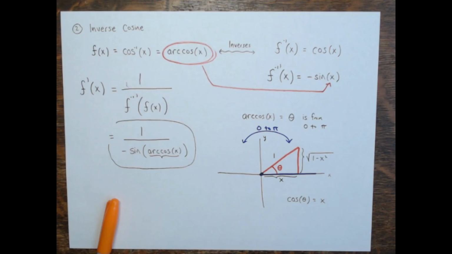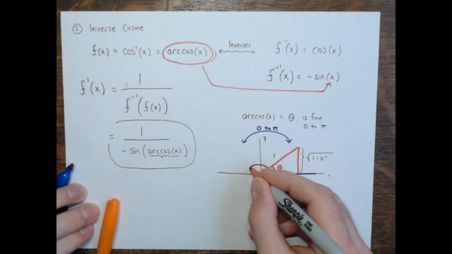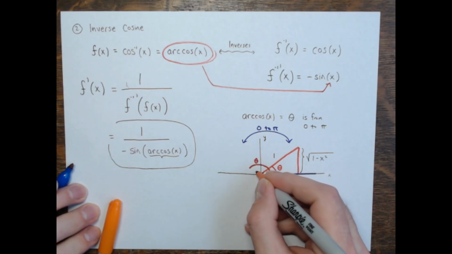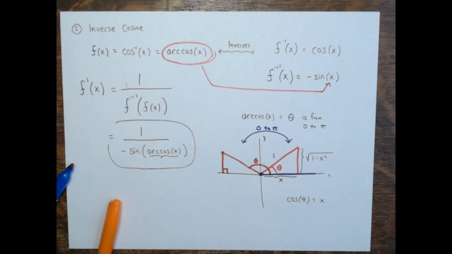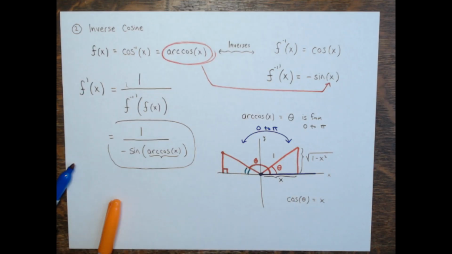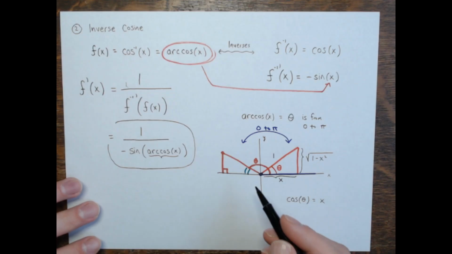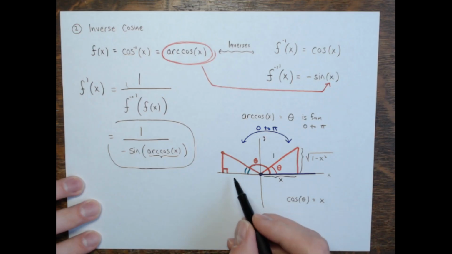And something similar would happen even if I had my angle over here in quadrant 2. Say this was theta, and I'm ending over here. So again, there's some reference angle here, and remember the reference angles have the same values of the trig functions, give or take a plus or minus. So this reference angle should also have a cosine of x, right?